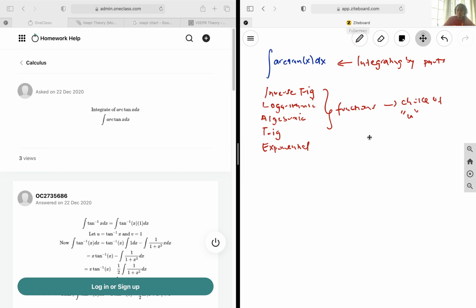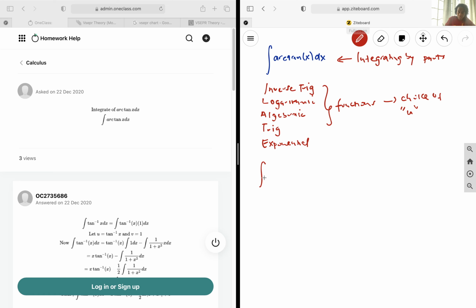So let's go ahead and write down the formula. So the integral of u dv is going to be equal to uv minus the integral of v du. Be careful that you don't accidentally interchange the two because they look so similar.